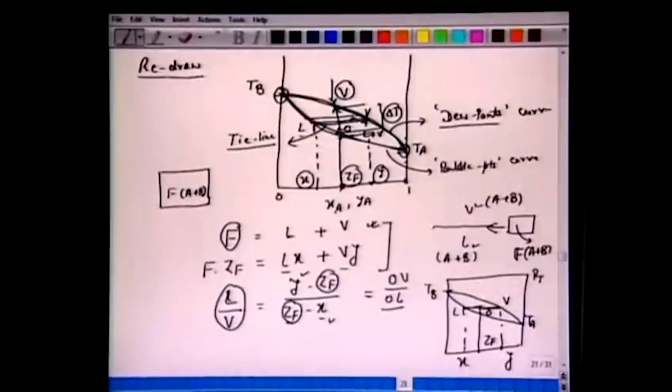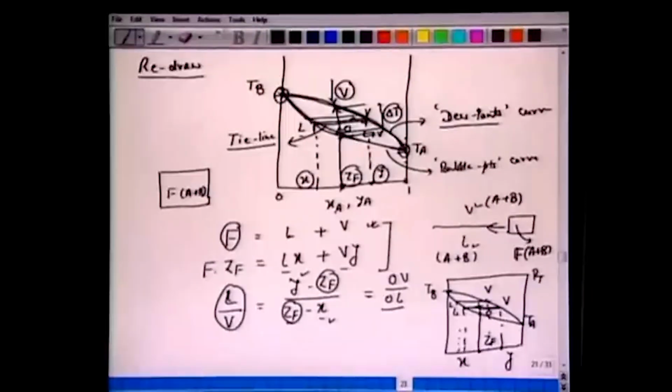And follow this locus, the way it moves. If we further heat it, now we are here. ZF is fixed, all right, but now we reach V here and L here. Now look at these ratios. O has reached here. Now we have a new Y minus ZF, and a new ZF minus X. So every time, the amounts of liquid and vapor change as you increase the temperature between the first bubble point and the dew point.